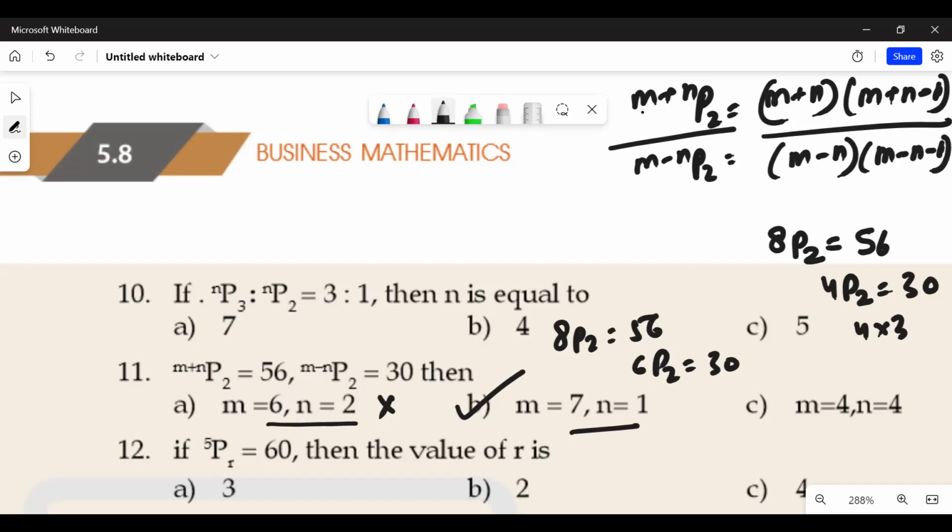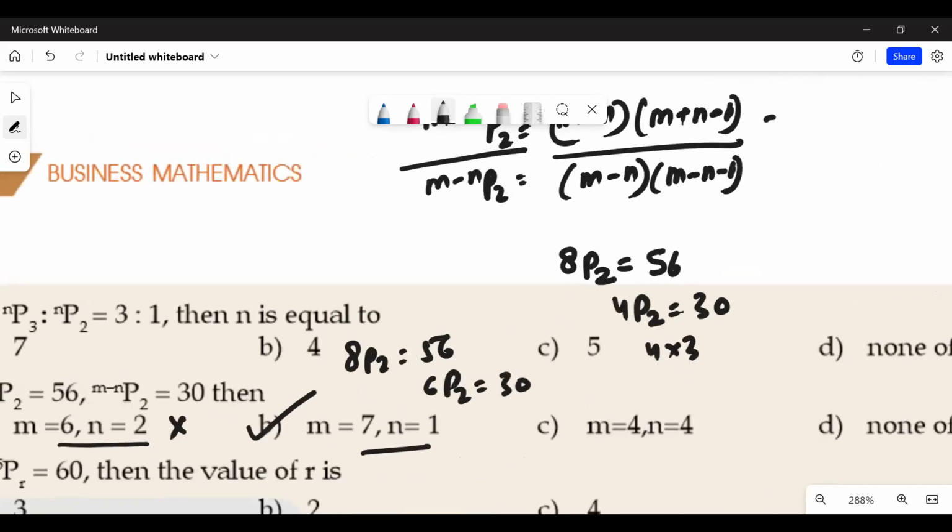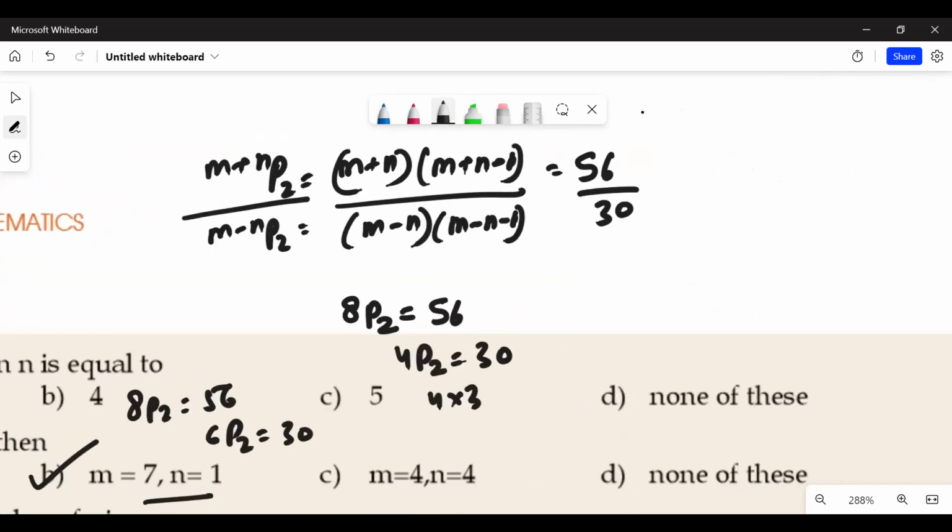They have given this value, 56 by 30. To solve it, you will get a linear equation, and the situation will complicate before you get the answer. So it's up to you how you want to do it.